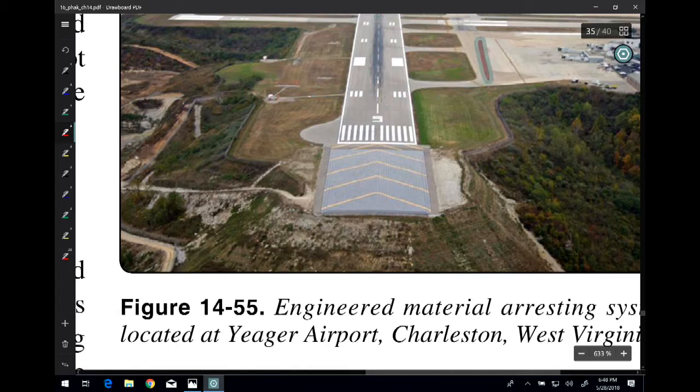But in the event of an emergency like this, having to use the EMAS system, if you came at the EMAS over here this way, you could potentially overrun the arrestor bed and have kind of a bad day. So you definitely want to be able to keep this aircraft in the center of that arrestor bed so that you can take advantage of that EMAS system.